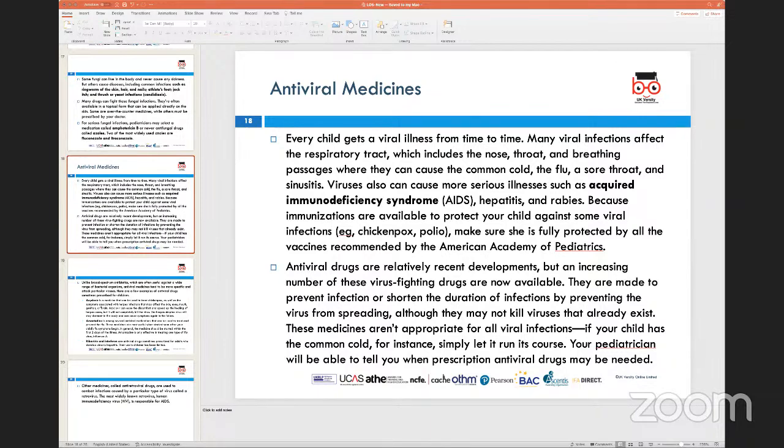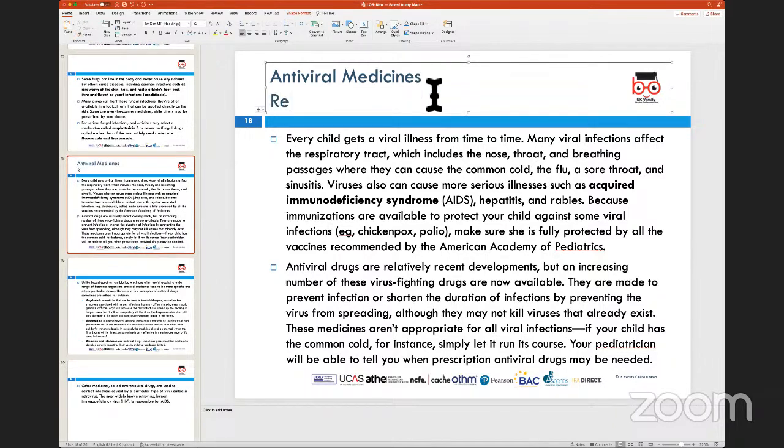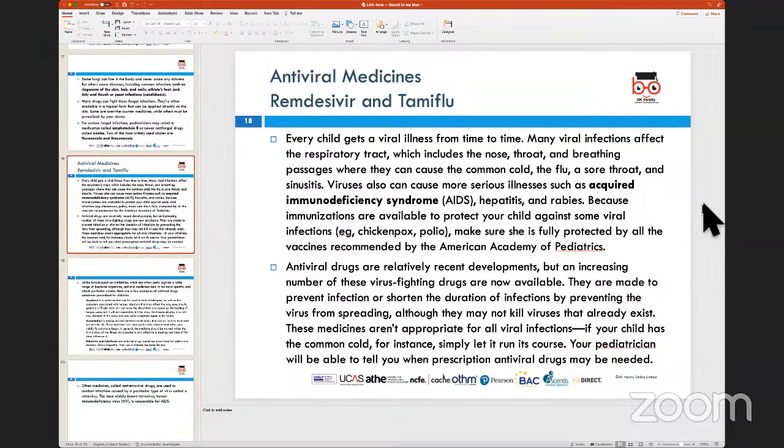And we also talk about Paxlovid and remdesivir. These two particular molecules, if I write it down, remdesivir and Tamiflu, are the two major types of drugs that we have seen.